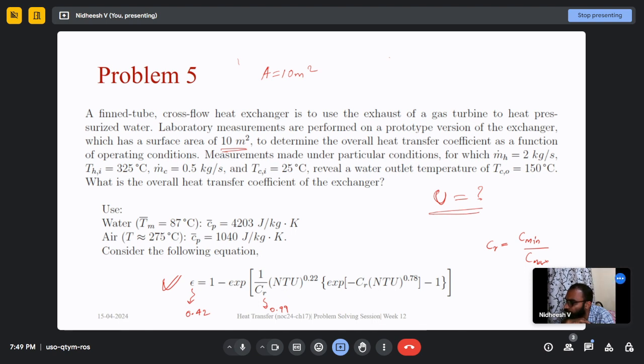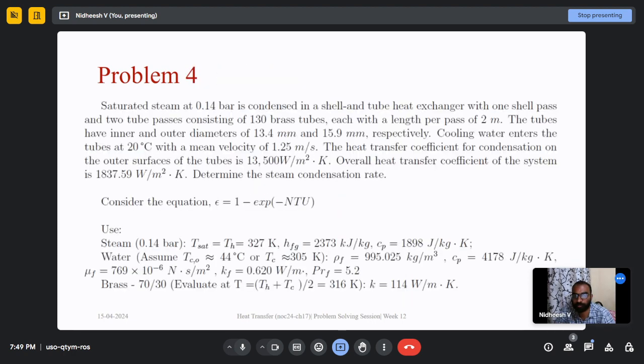So I think it won't be solved easily. It won't be a simple equation to solve. We would have to rely on some computational techniques or numerical techniques. So definitely in the exams it won't be asked like that, right? No, this won't be asked. If he asks that, he has to give the NTU value. Maybe some simple expression for epsilon NTU, some expression which you can solve, will be given.